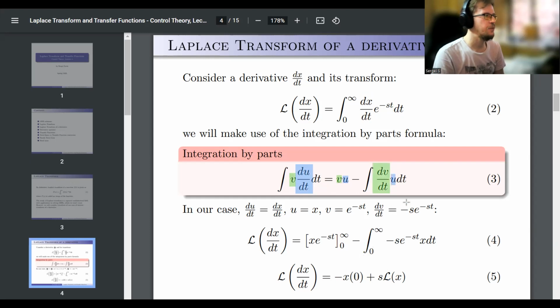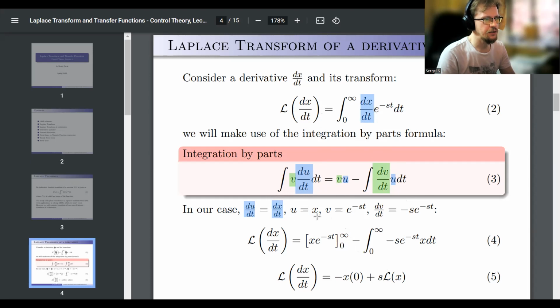Integration by parts. It's just a formula, I'm not going to derive it, it is part of calculus. Now, how can we use it? Well, we can recognize that du dt here, we can define it as dx dt. So this is our du dt.